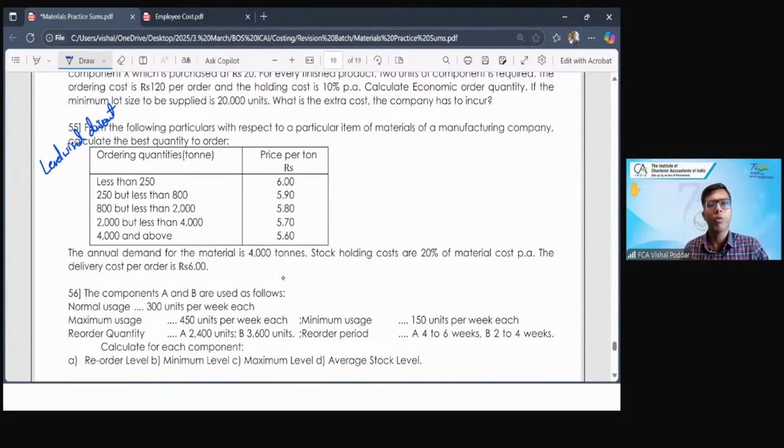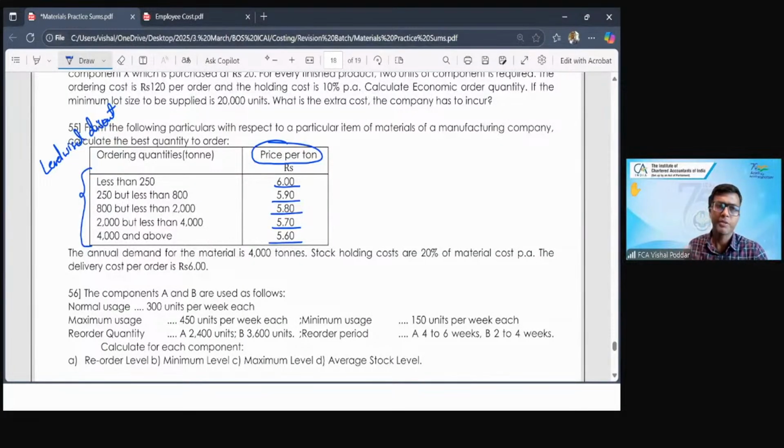Fine. Now coming to the second type of discount question. In this second type, the discount is not mentioned expressly. Anywhere you will not find the word discount. But as you see, the price which is given is reducing. Why is it reducing? Because you are placing a higher order.